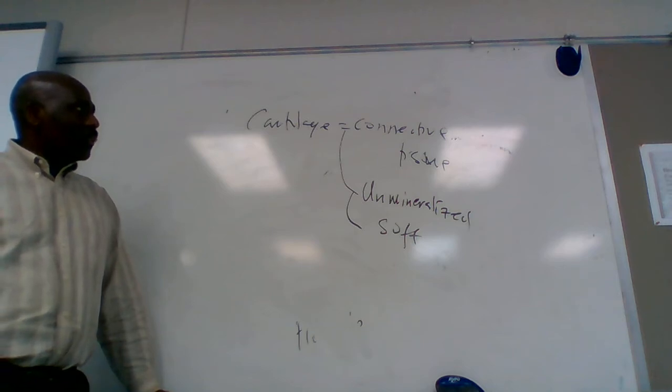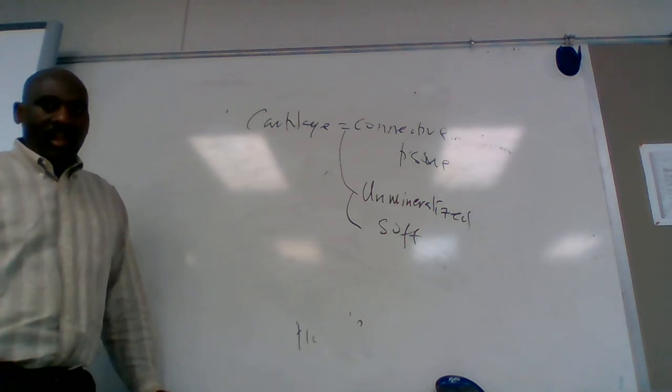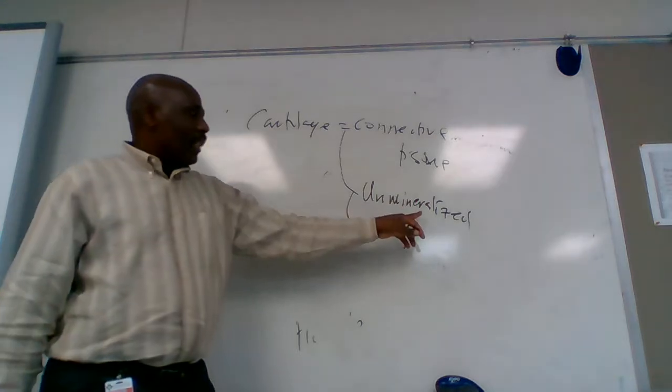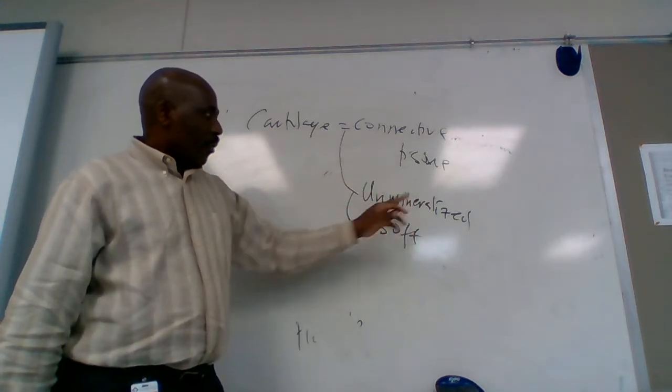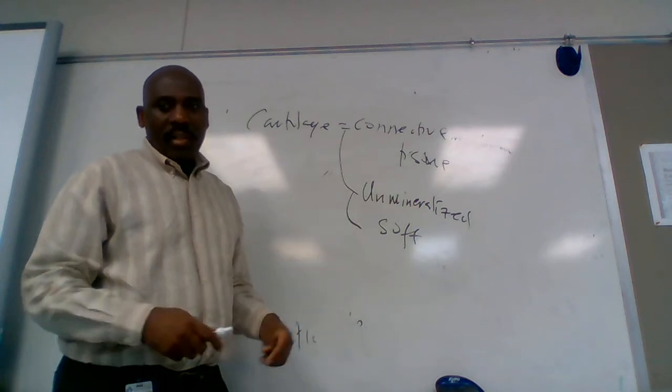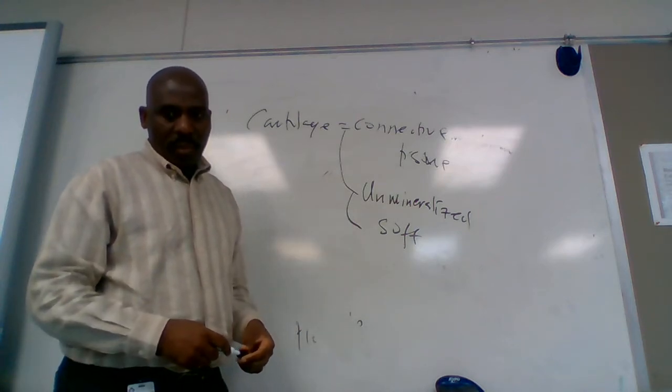We cover that when you do histology. The reason it is a connective tissue is that it is unmineralized, and because it is unmineralized, it is actually a soft tissue.